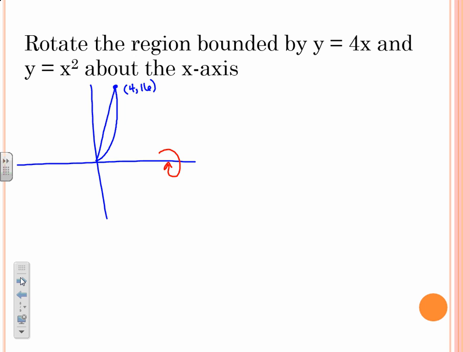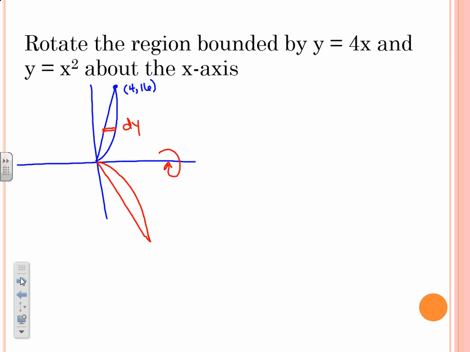Can we just do normal dx here? If we were going to use the dishwasher method, yes, we could. But here we're doing the shell method, so here is my reference rectangle with thickness dy.